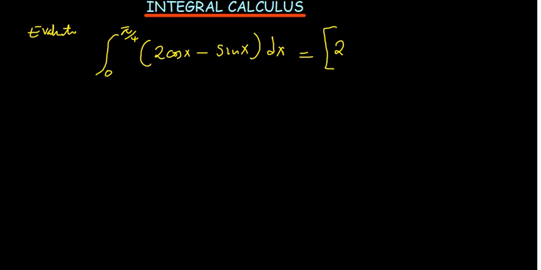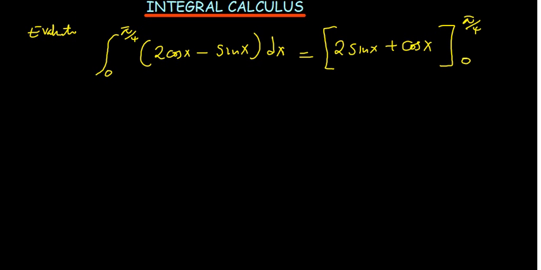When we integrate cos, we are going to get sine, so that is going to be 2 sin x. And we have got negative sine. When we integrate negative sine, we are going to get positive cos. We already saw the table which we drew earlier. And now we're going to put our limits, pi over 4 and also 0.